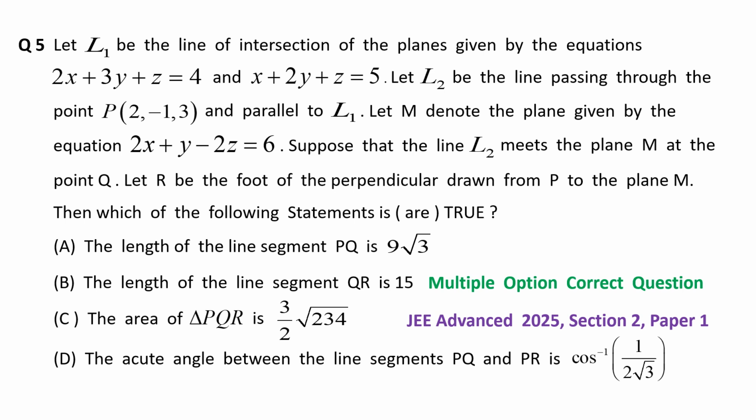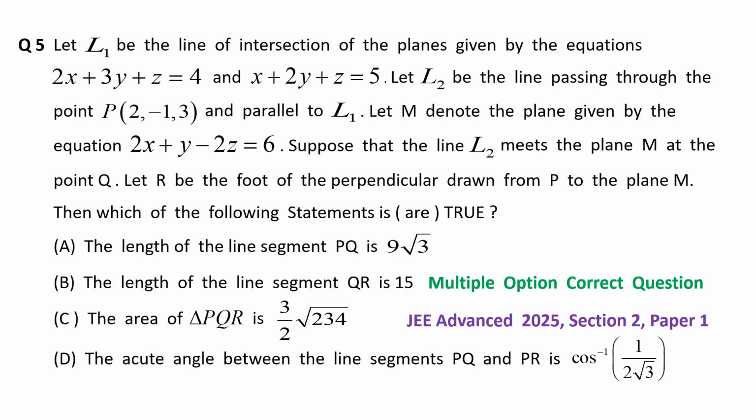Let M denote the plane given by the equation 2x plus y minus 2z equal to 6. Suppose that the line L2 meets the plane M at the point Q. Let R be the foot of the perpendicular drawn from P to the plane M. Then which of the following statements is true?